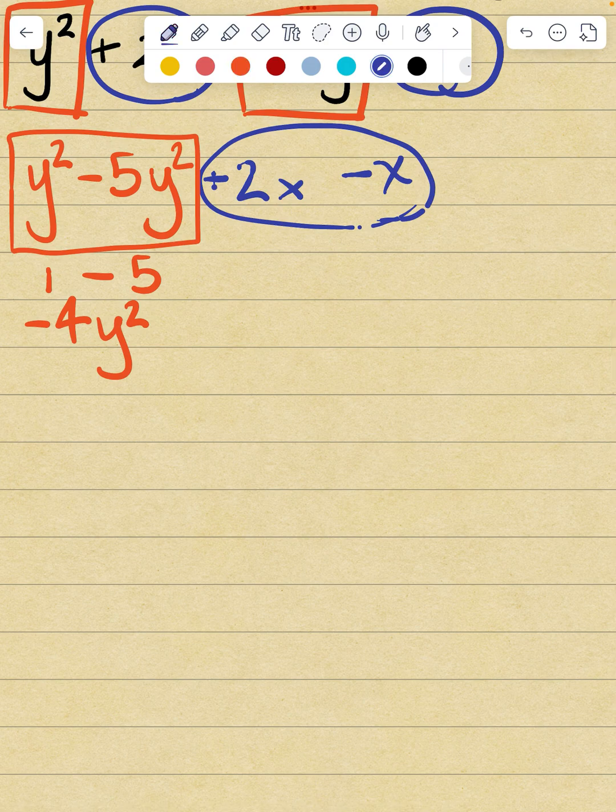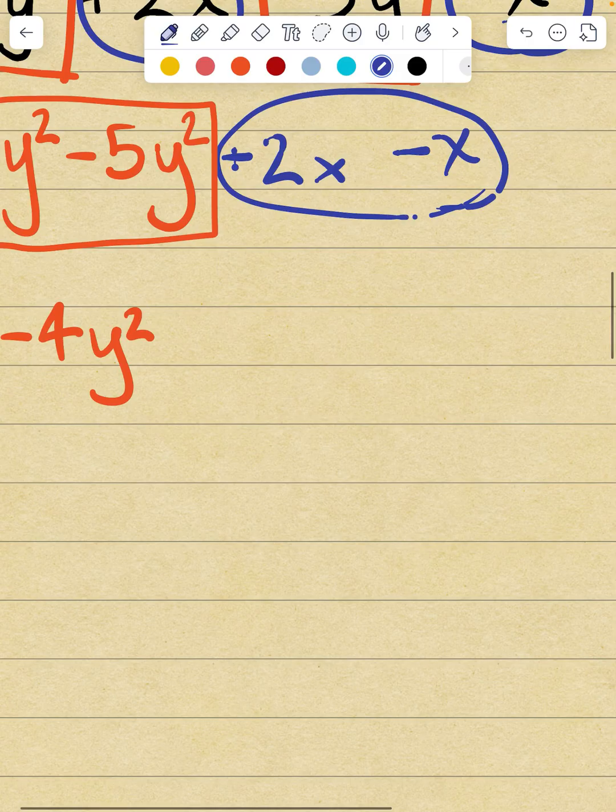And then we're going to do plus 2 minus x, and we will get 2 minus, again, there's an invisible 1. So 2 minus 1 is just 1. So we get plus 1. And that plus is because it's a positive.